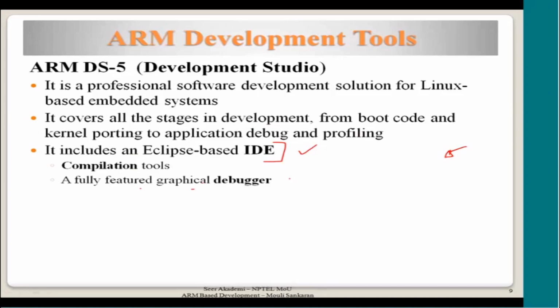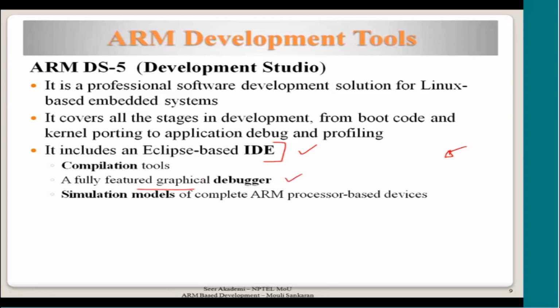So there are compilation tools and a fully featured graphical debugger. Okay, I told you what a debugger means. Simulation model: if your target platform is not there, you can use a simulation model to run that in the software itself, in the PC. So without having target hardware, the whole thing can be simulated in the PC along with the software running on it.